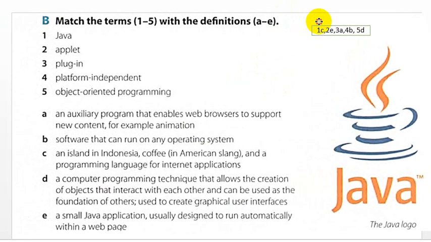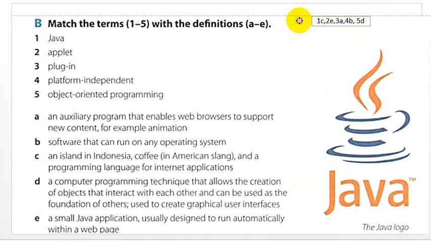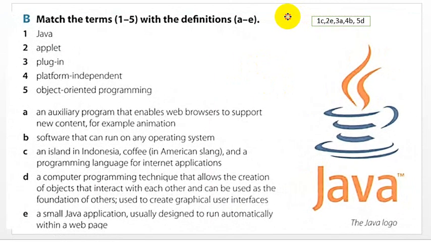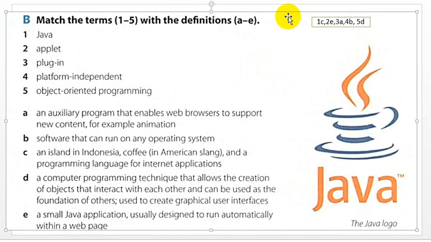That is called an applet. Okay. The third one, plug-in. A plug-in is an auxiliary program that enables a web browser to support new content, for example, animation.